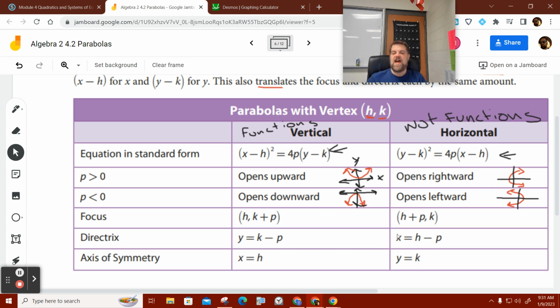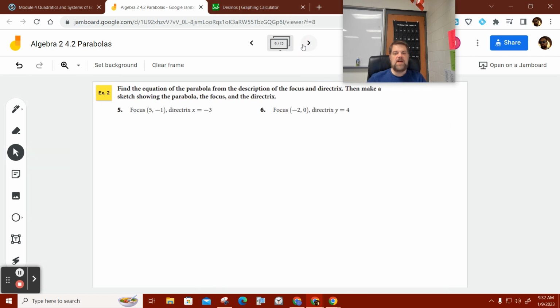Well, when they say x equals h minus p, and the axis of symmetry is y equals k. What is the focus? Well, the focus has the same value for k as the axis of symmetry. So I know what k is. And then to find this h plus p, in other words, I'm going to work backwards to find h and p. So let's go this way and try to do that.